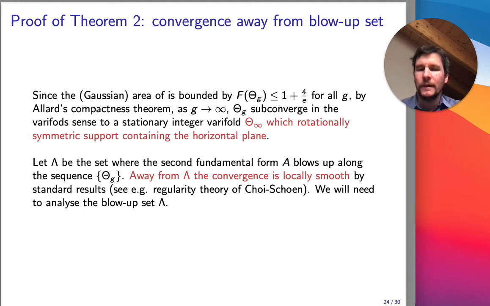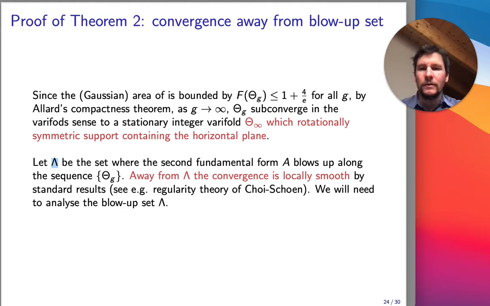Okay. And then what we do is we define gamma to be the set where the second fundamental form blows up. So whenever the second fundamental form remains bounded, then the convergence can actually be improved easily to smooth convergence. And by blowing up, I actually mean in some integral local sense.